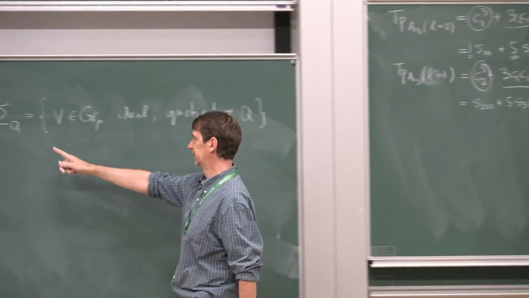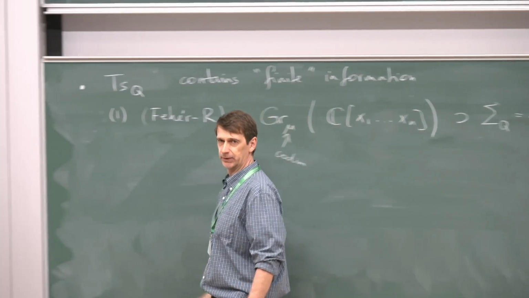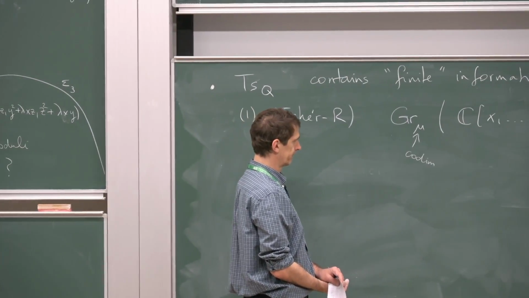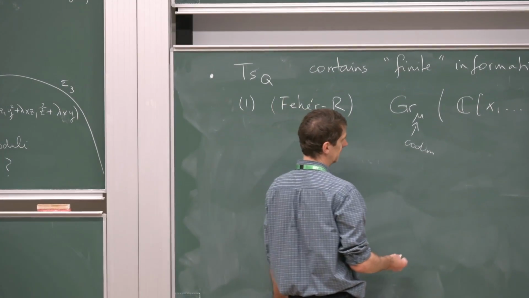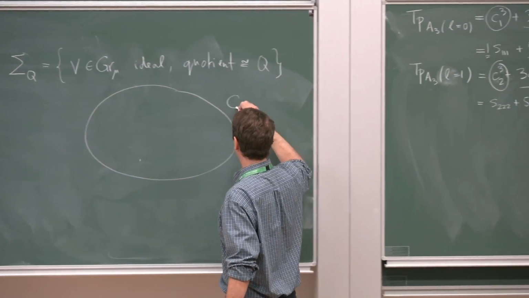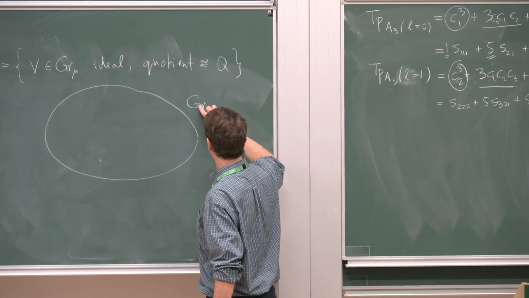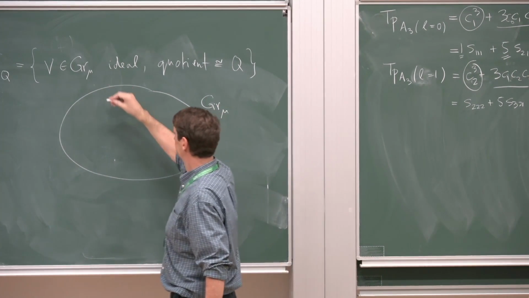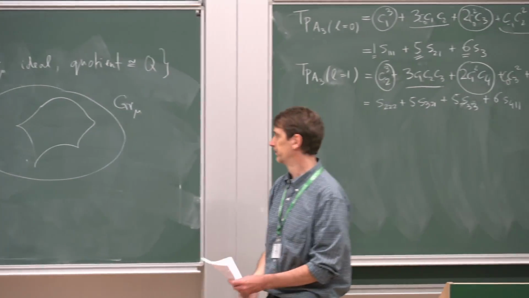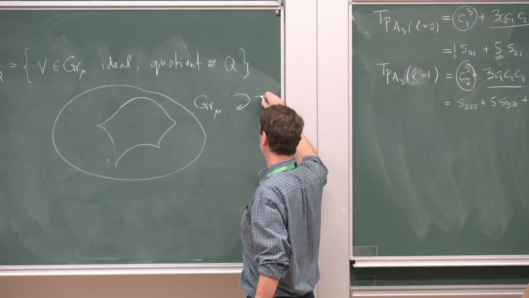Obviously, this only makes sense if the dimension of Q, that local algebra, is equal to mu. So the picture is that there would be the Grassmannian here, and then there is this subvariety. The Grassmannian has some small group acting.